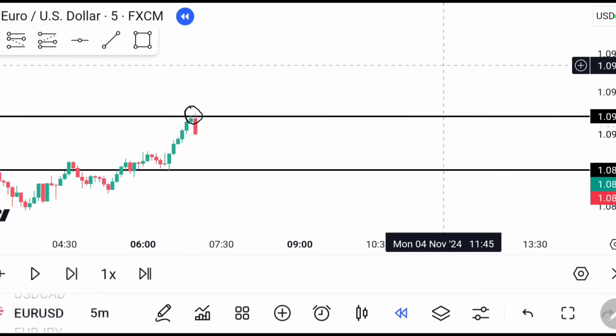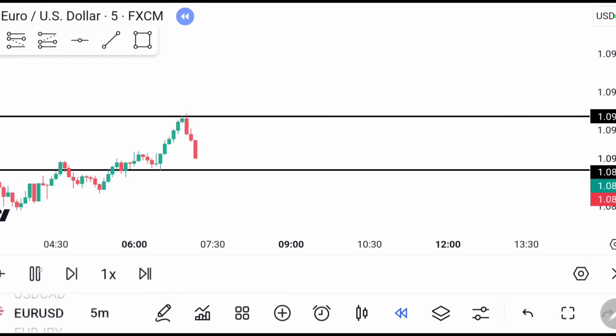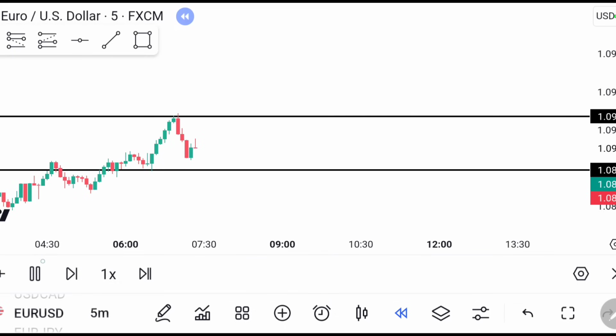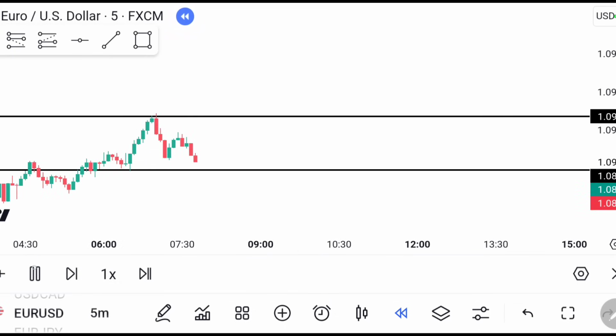Once the candle range high has been swept, we now have to look for our break of structure. So let's play this to have our break of structure. Okay, so we now have our break of structure.